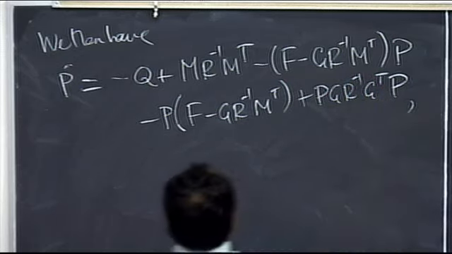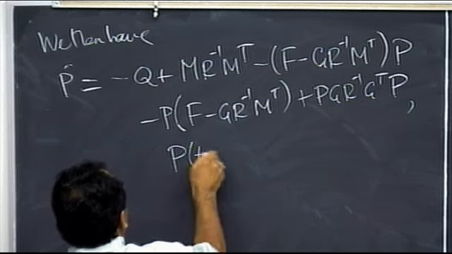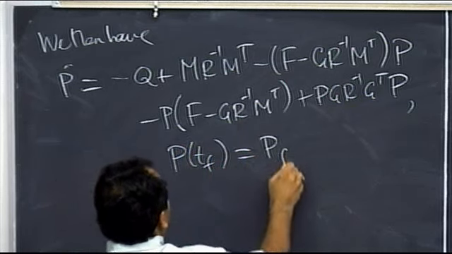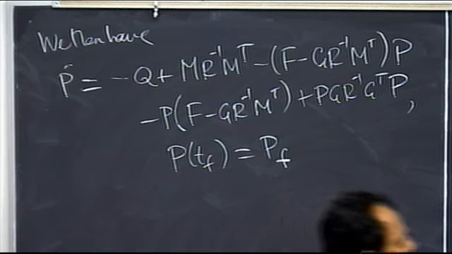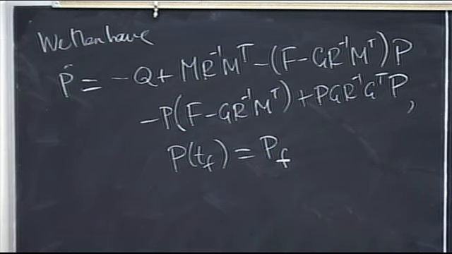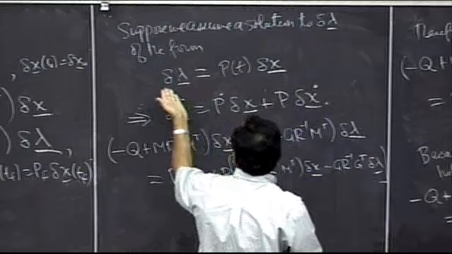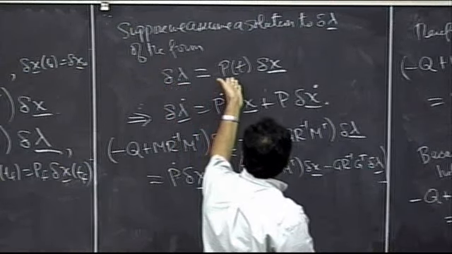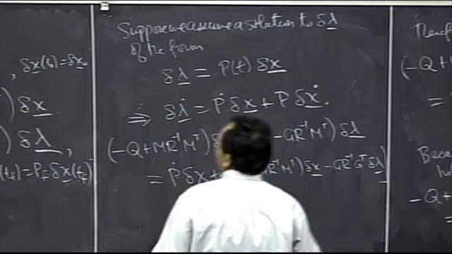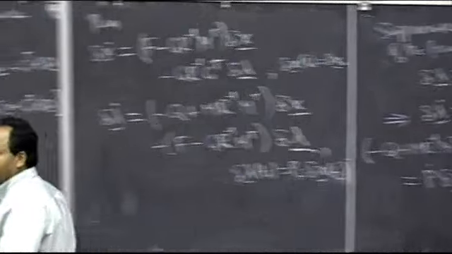And then the boundary condition is that p at tf has to equal pf. The reason that comes about is because if you evaluate this expression at tf, you know that delta lambda at tf is equal to pf times delta x at tf, and that has to equal p at tf times delta x at tf. So p at tf has to equal pf.